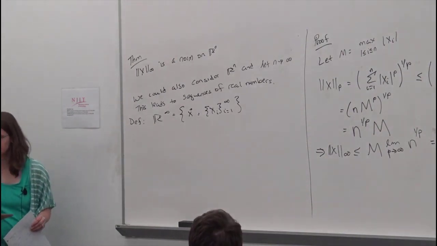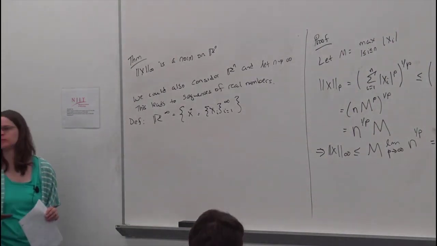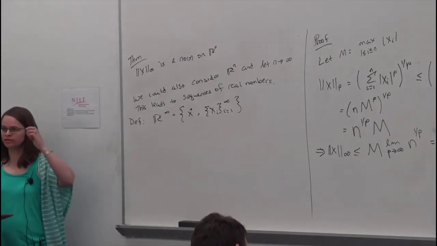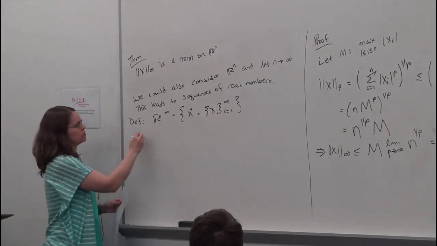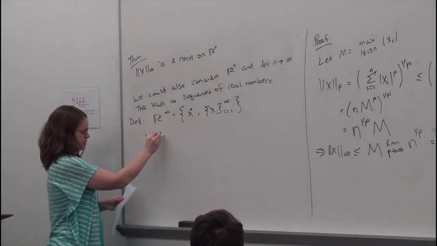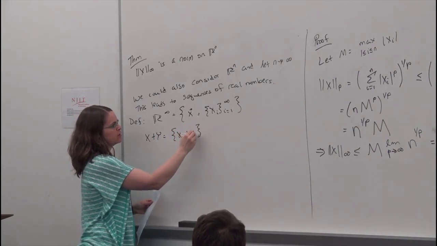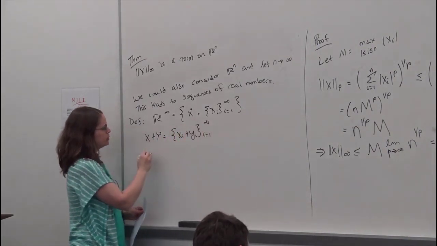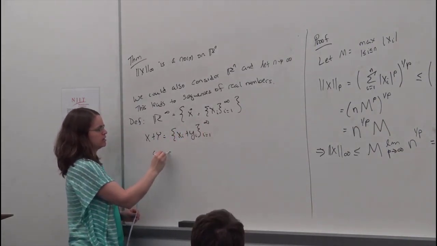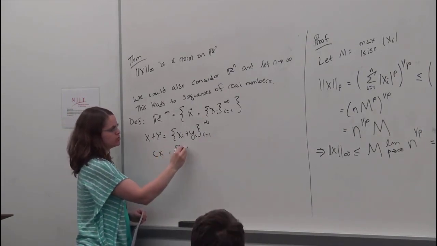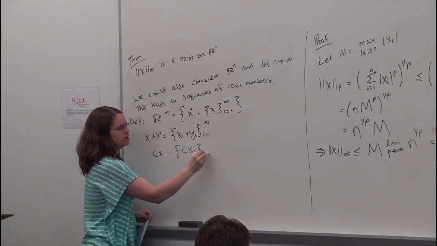And we can define addition. We can define scalar multiplication in the obvious way of just adding the components together. So x plus y is just adding the respective components. A constant times x is just the constant times the respective components.